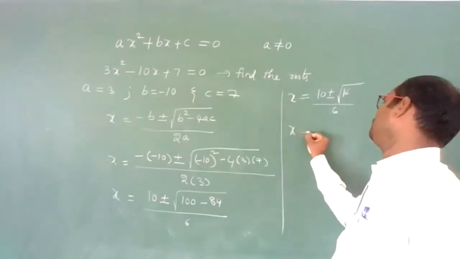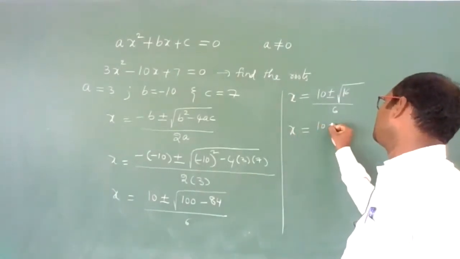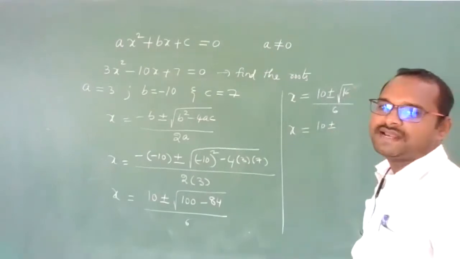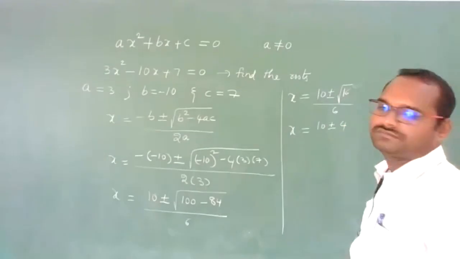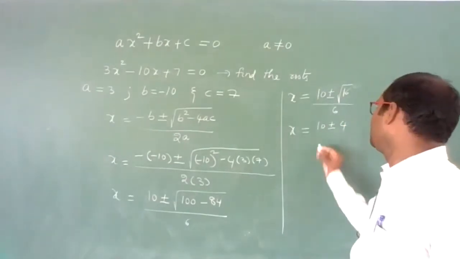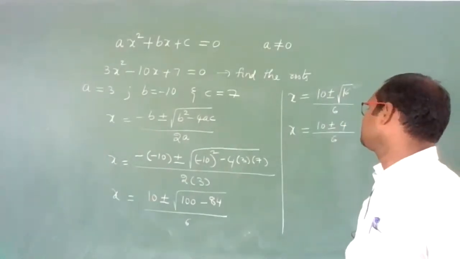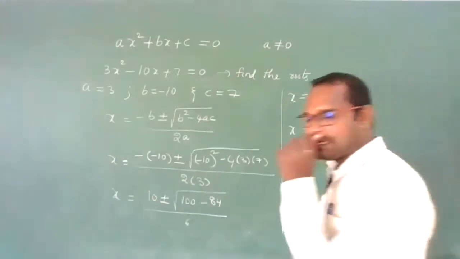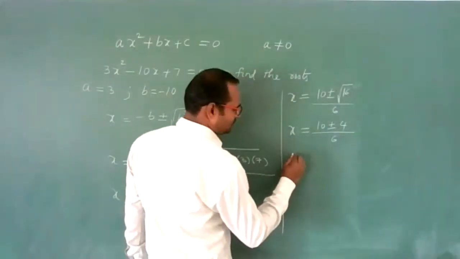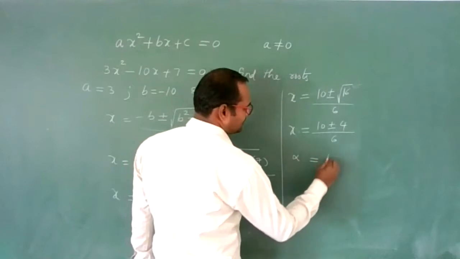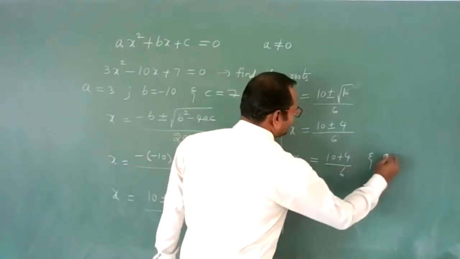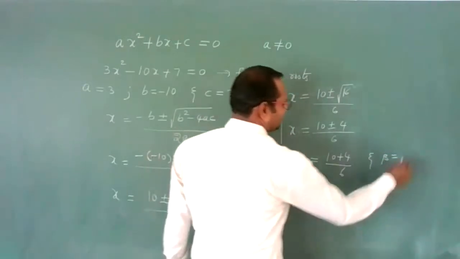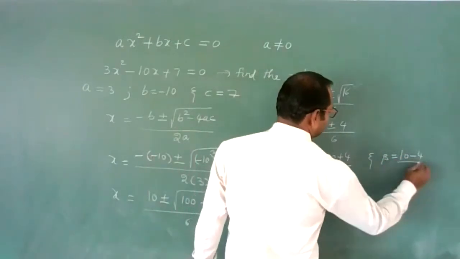So x is equal to 10 plus or minus root 16 value. Root 16 value is 4, divided by 6. Means the two roots are: the first root I am taking as alpha, that is 10 plus 4 by 6, and another root beta, that is 10 minus 4 by 6.